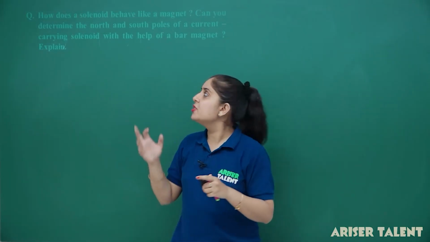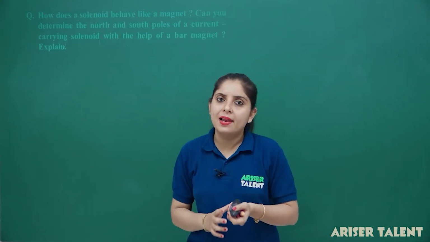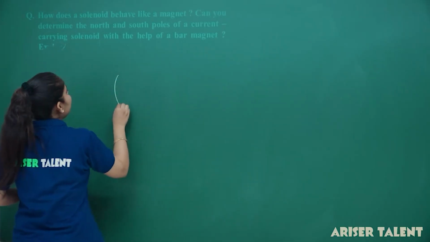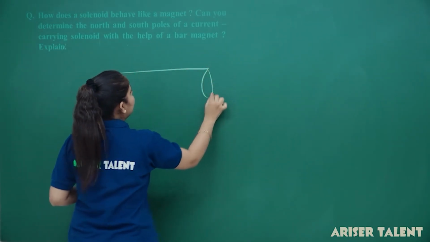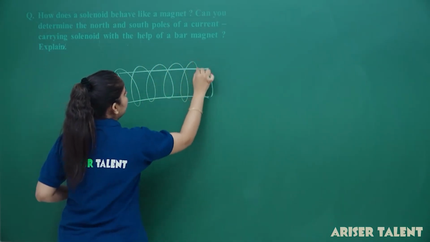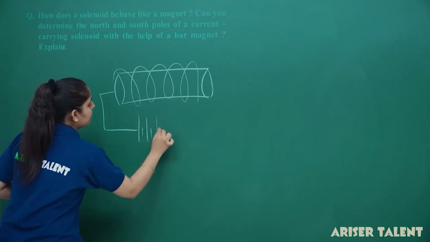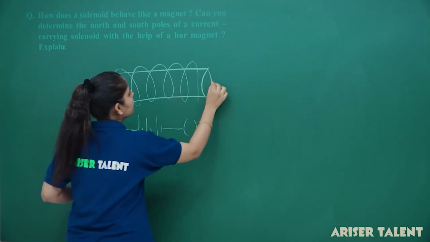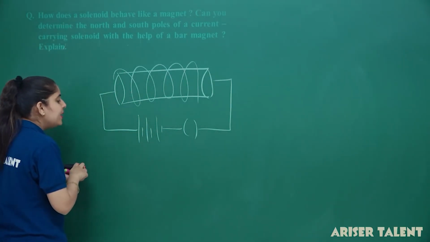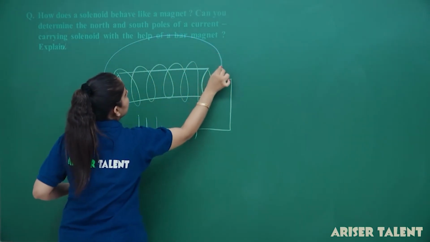So, this is how you can analyze the north pole and south pole. A solenoid is a long straight piece of conductor on which the number of turns of copper wire have been wound. It will be connected to a battery and there will be a key. Now, the magnetic field lines due to this solenoid will be just like the bar magnet.